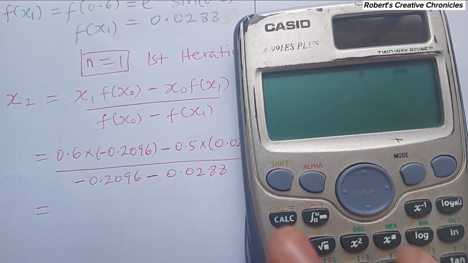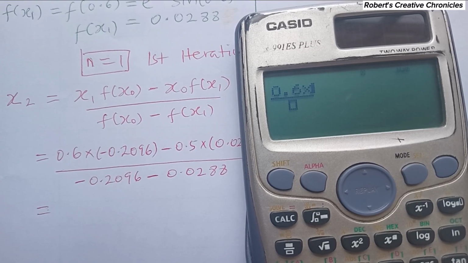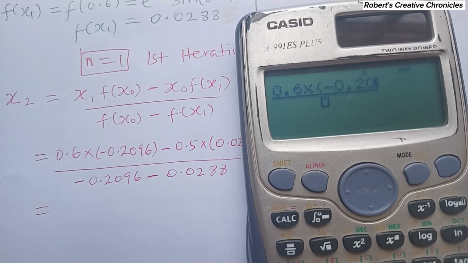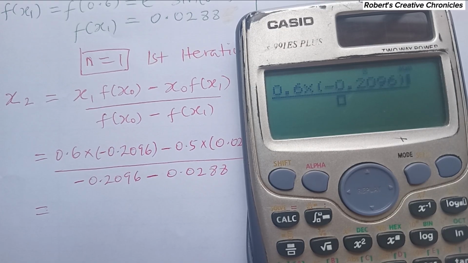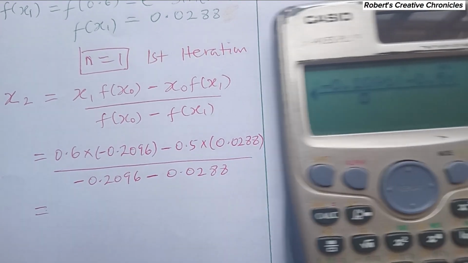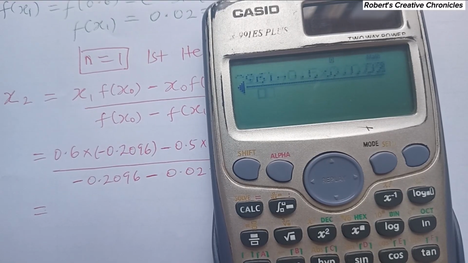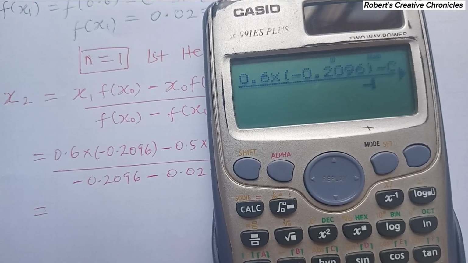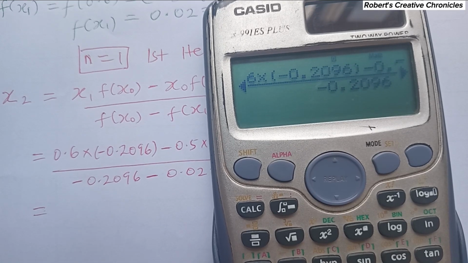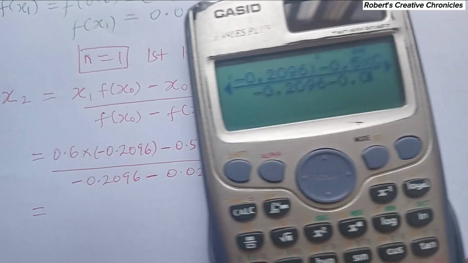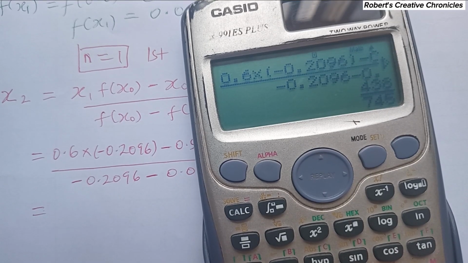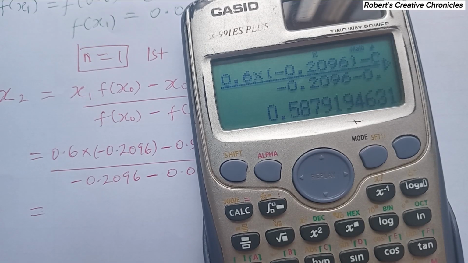So now we can put this in the calculator. It will be 0.6 times minus 0.2096, minus 0.5 minus 0.5 times 0.0288, over negative 0.2096 minus 0.0288, which is 0.5879.